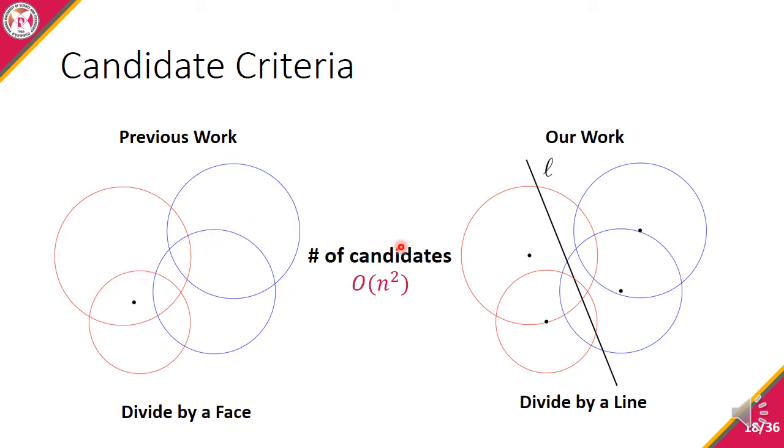In our algorithm, we divide input disks by a line. The center points of red disks lie under the line, and blue disks are the remaining disks. We compute the emptiness test with each color. The number of candidates of both criteria is n squared.